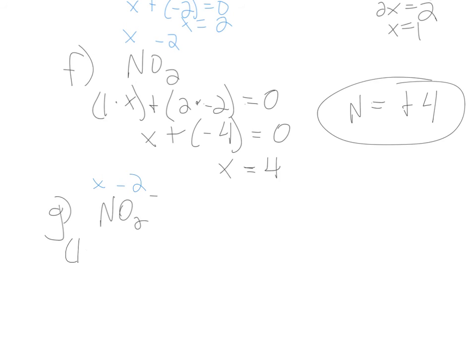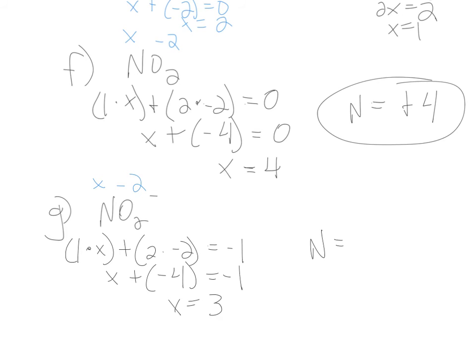We have within that compound 1 atom of nitrogen and 2 atoms of oxygen. We'll add 4 to both sides. And nitrogen's oxidation state works out to be, in the nitrite ion, NO2 minus, a +3.